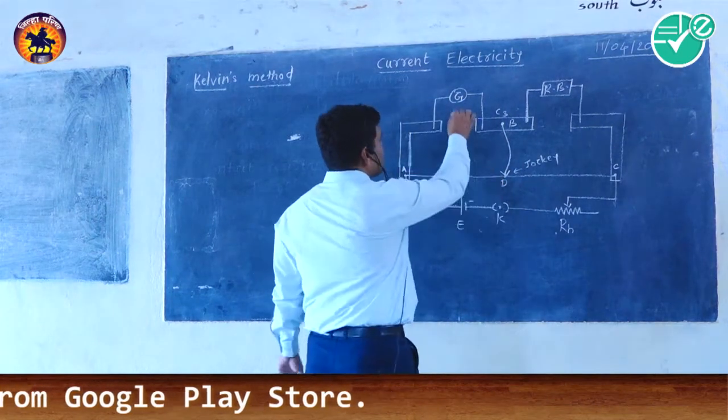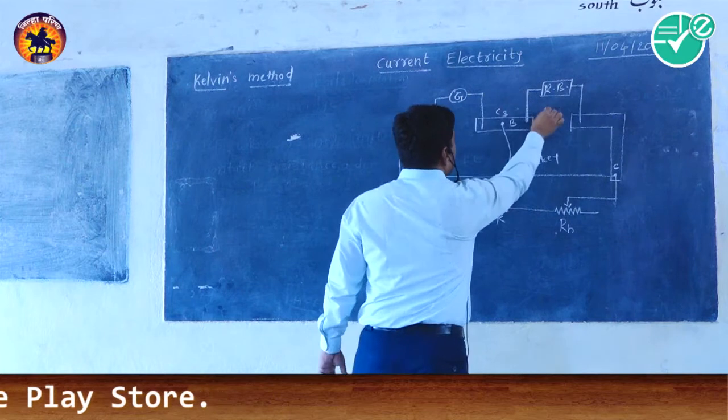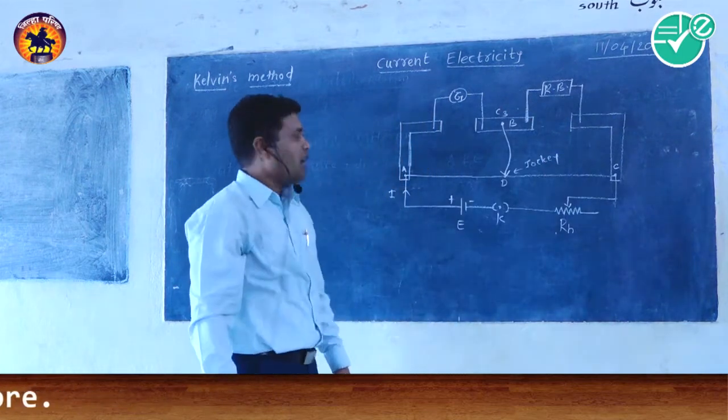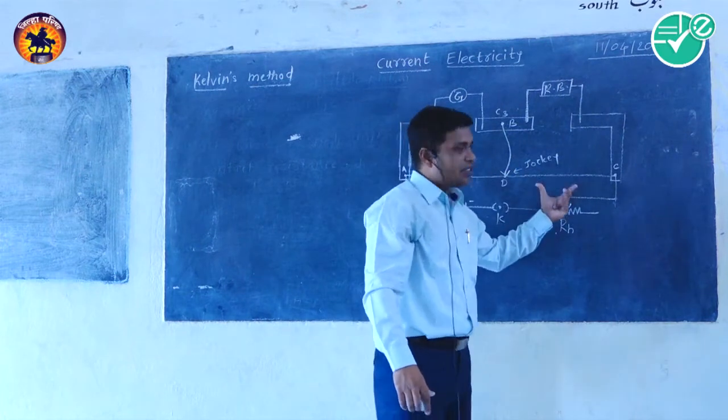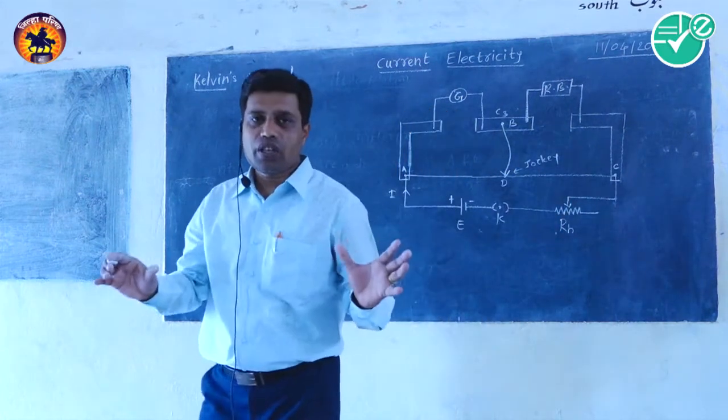It means the ratio of the resistance of G to the resistance of the resistance box, and the ratio of the resistance of the wire AD to the resistance of the wire DC, becomes equal.